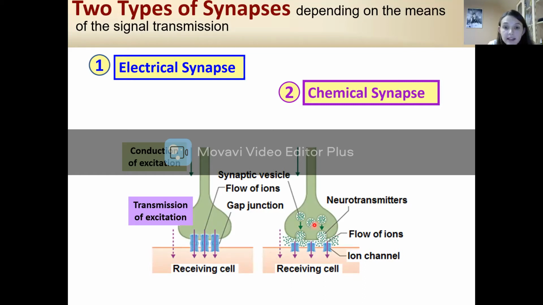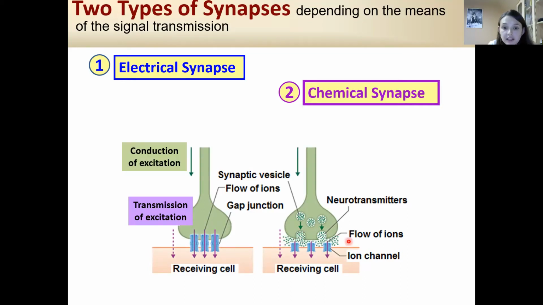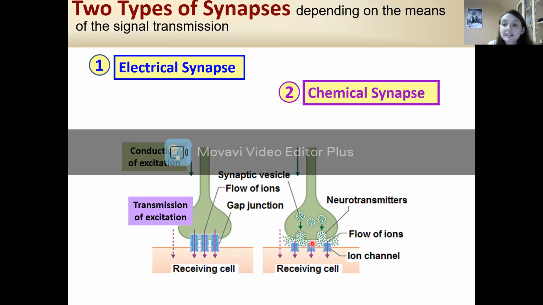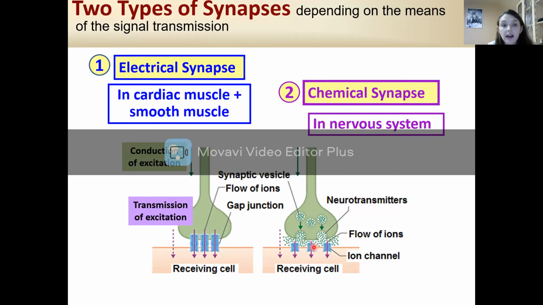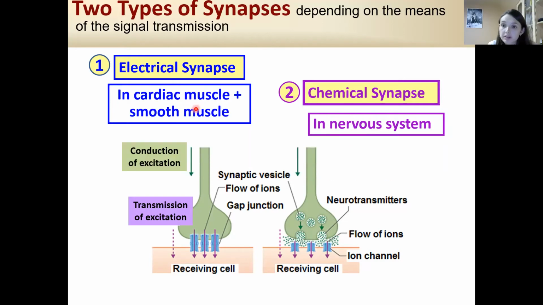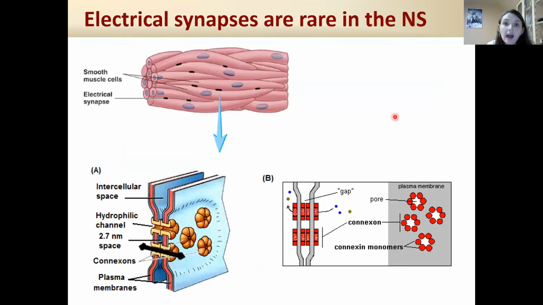In the chemical synapses, you could see that we have a rather big synaptic cleft between the presynaptic neuron and the postsynaptic one, and into this synaptic cleft the neurotransmitters are released, which will bind to the postsynaptic membrane. Electrical synapses are mainly present in the cardiac muscles and smooth muscles, for example smooth muscles of the visceral organs, and the chemical synapses in the whole nervous system.